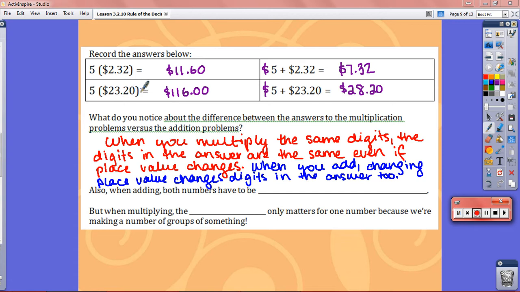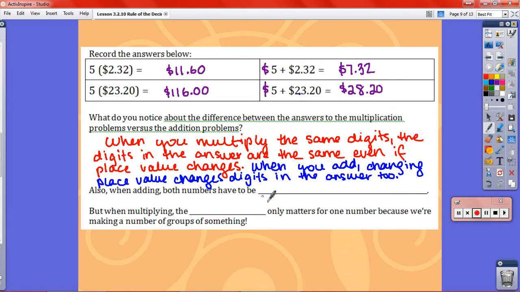And remember, 0 is just a placeholder, so you don't even really have to think of it as a digit unless one gets randomly put in the middle. If that happens, then you're changing the order of the digits, so your answer will be a little different. So the digits in the answers are the same too, but the decimal's in a different place, and we might add some zeros to the beginning or the end. But here, we change the place value, same digits, different place value, and the answer is completely different. It goes from 732 to 2820. Different digits.